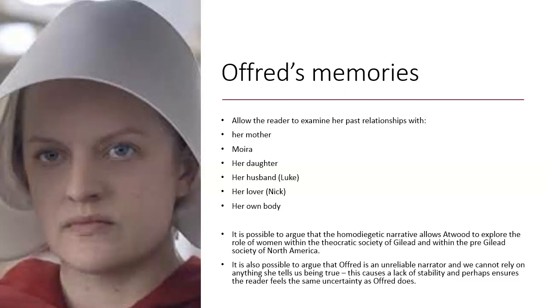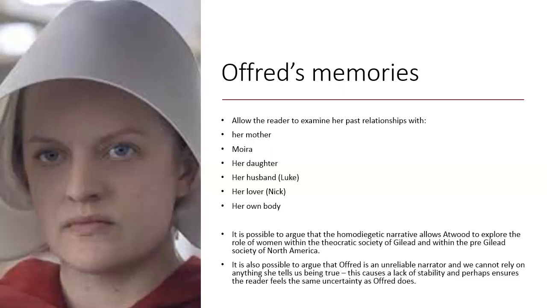Moira, her best friend from university. Her daughter, she's full of grief and loss about her daughter. Her husband, Luke, which is a challenging relationship because he was married to someone else when she met him. Her lover, Nick. And also a relationship with the commander's wife and the Marthas in the house. But also her own body.